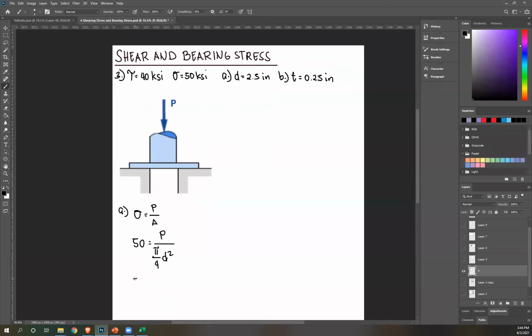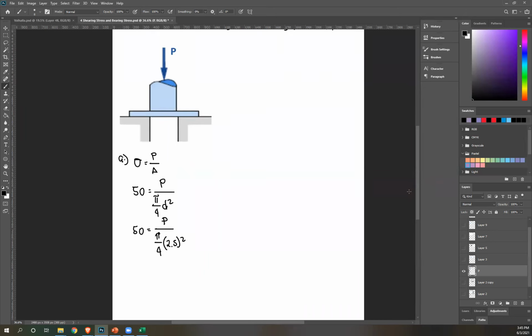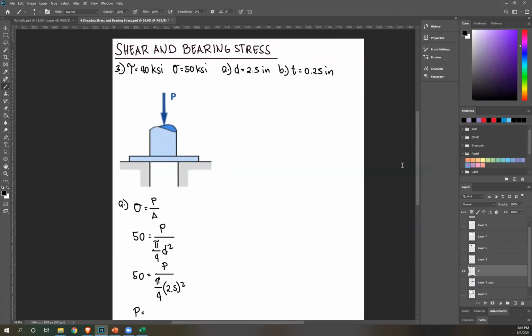So finally, 50 equals P over pi over 4 times d squared. What's d? 2.5 inch. Make sure your units are consistent. This is ksi, 1,000 pounds per square inch, and this is inch, so yes, it's uniform. 2.5 squared. Please solve for P. What's the answer? Correct, Laika and Trinity.